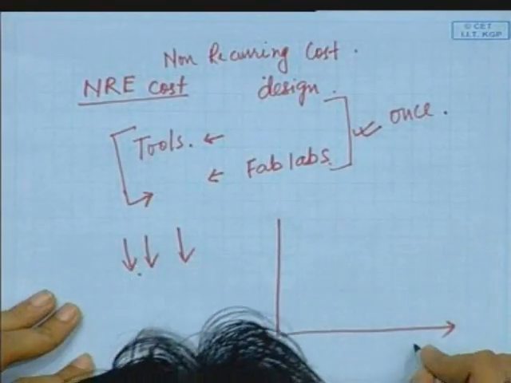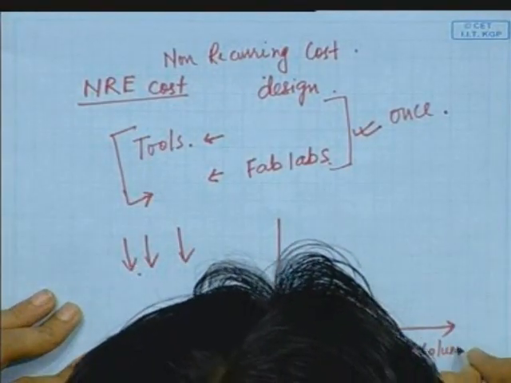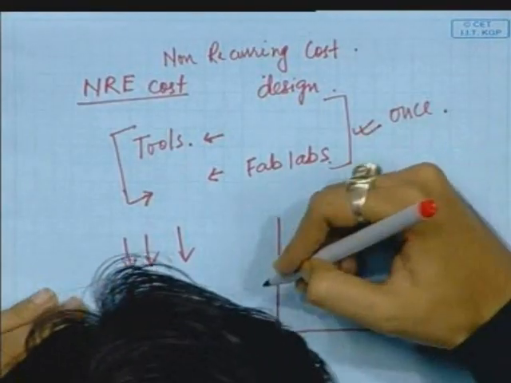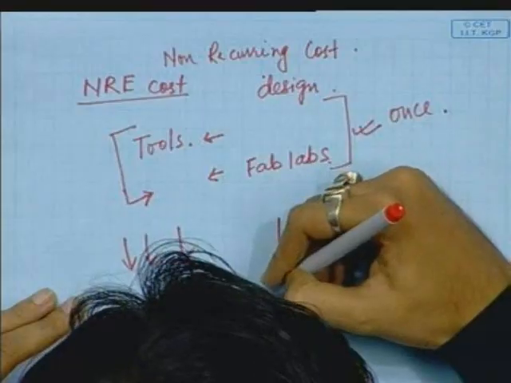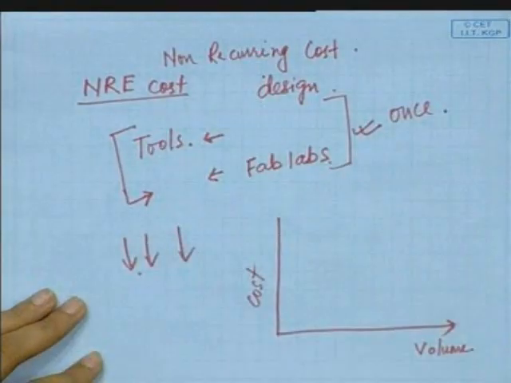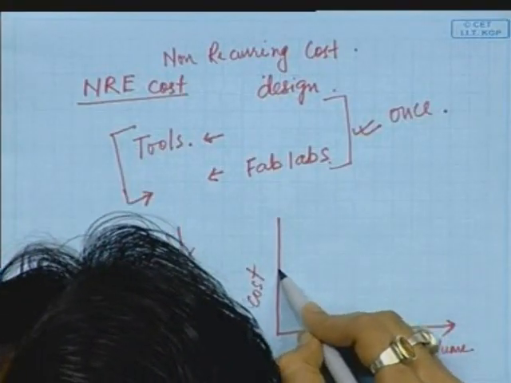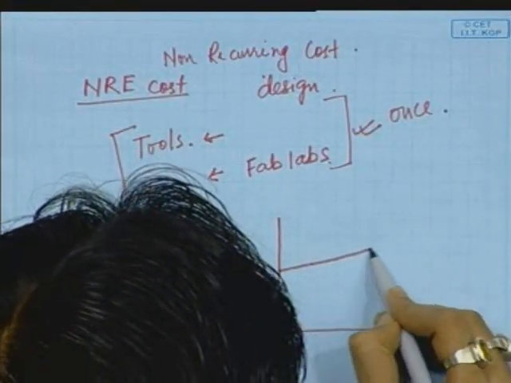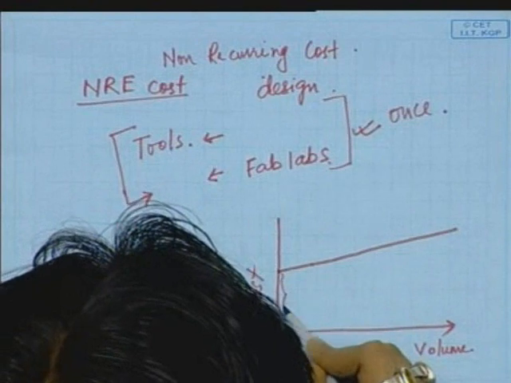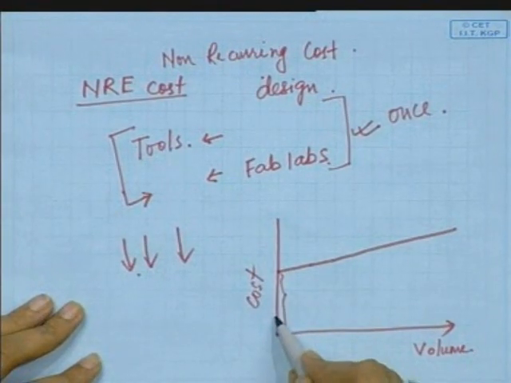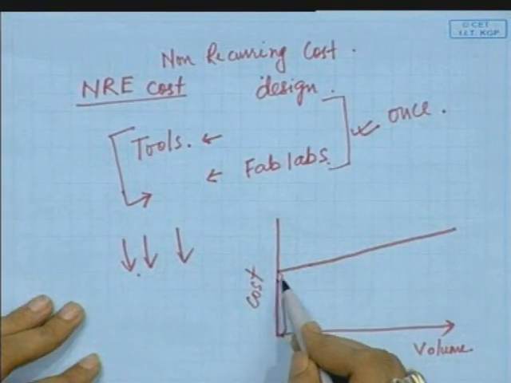Now suppose we plot the volume of production against the cost. For ASIC, the NRE cost is quite huge. This is the NRE cost, right? Before any production, its initial cost is very huge.